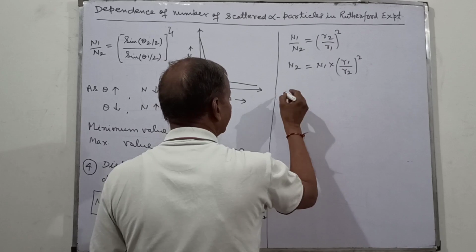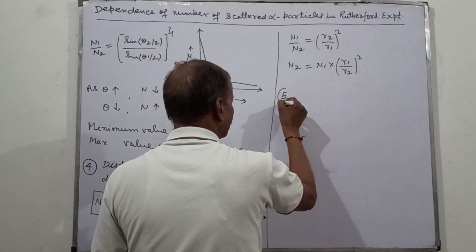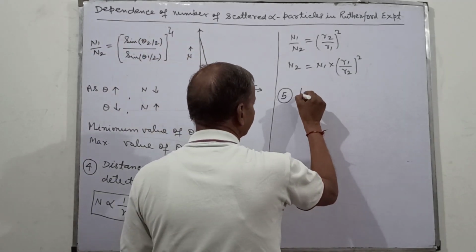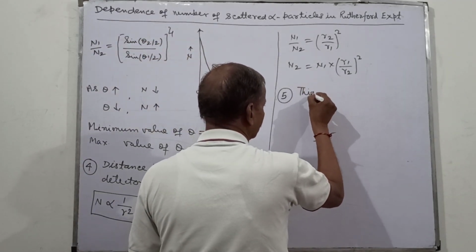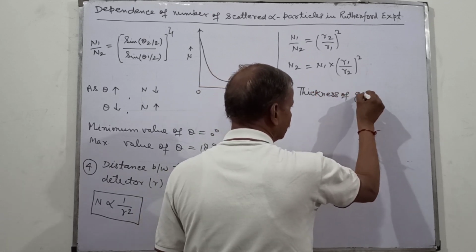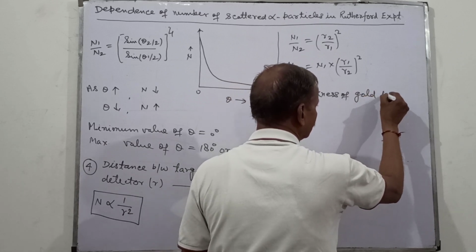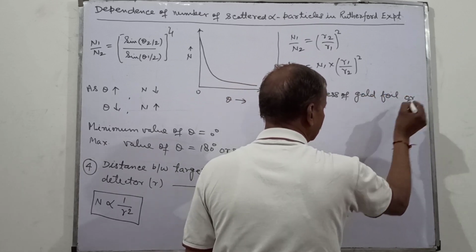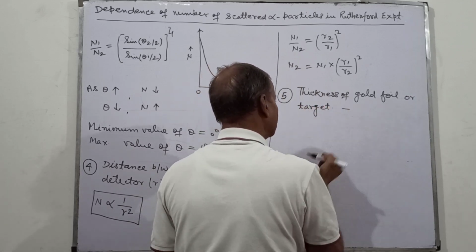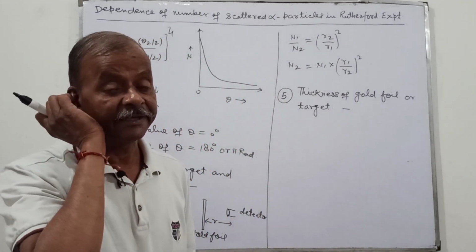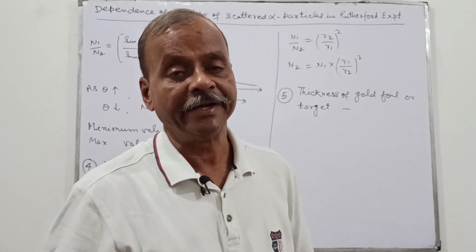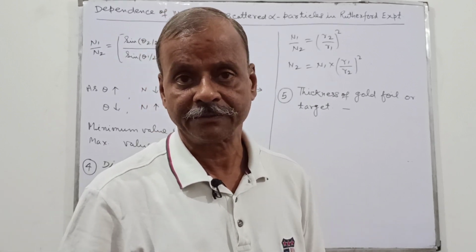Now number 5, thickness of gold foil or target. Now what happens, that if suppose the thickness is increased, it means that number of atoms per unit volume are being increased.